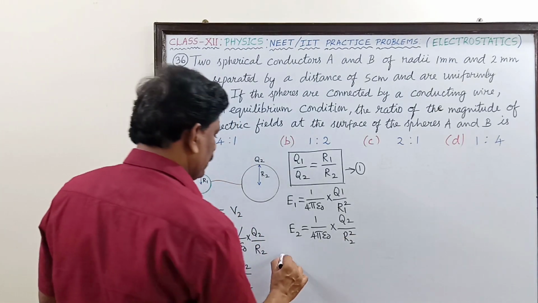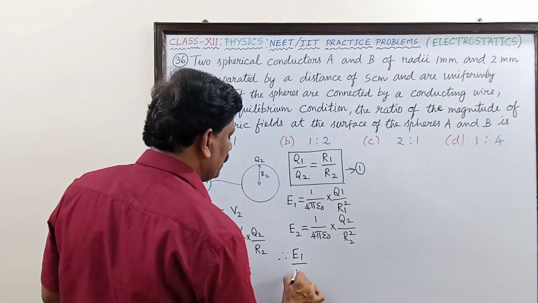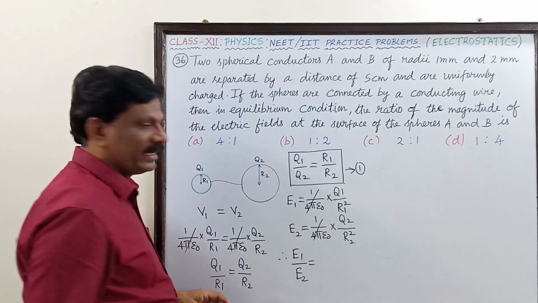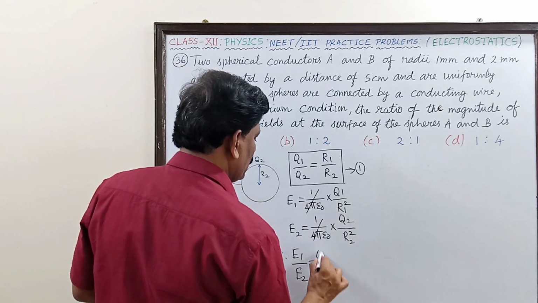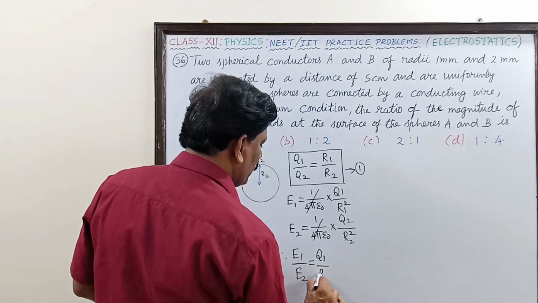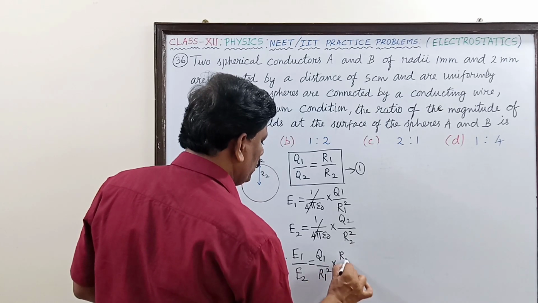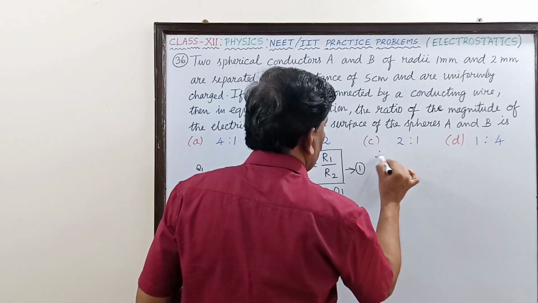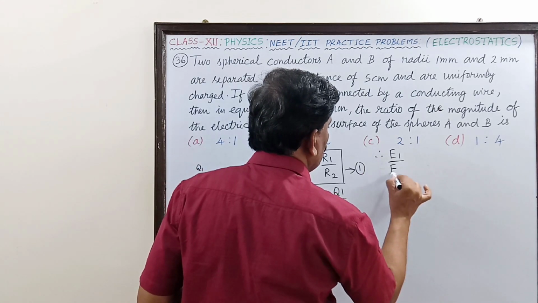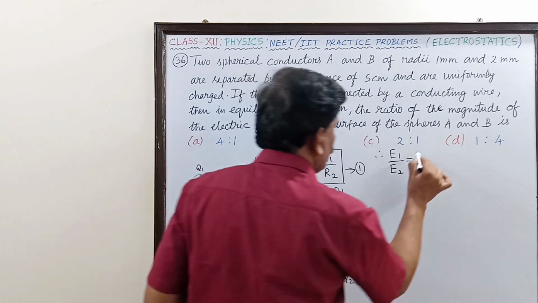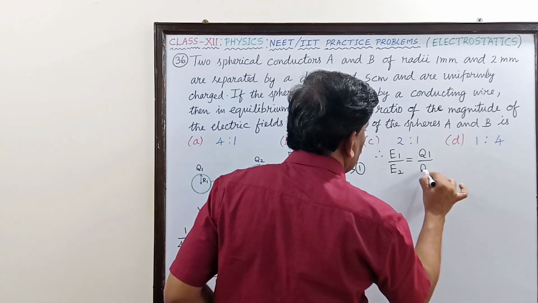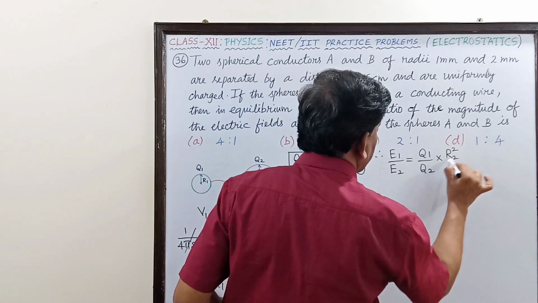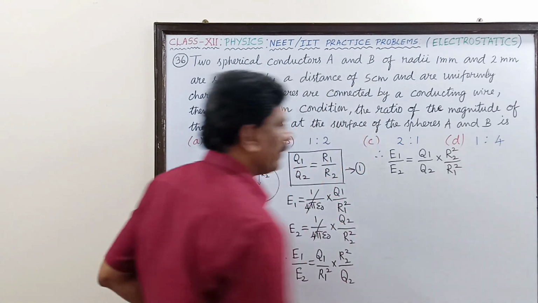Now the ratio of E1 to E2. The constants get cancelled, is it not? So this is Q1 by R1 square into R2 square divided by Q2. Therefore E1 by E2 is equal to Q1 by Q2 multiplied by R2 square divided by R1 square.